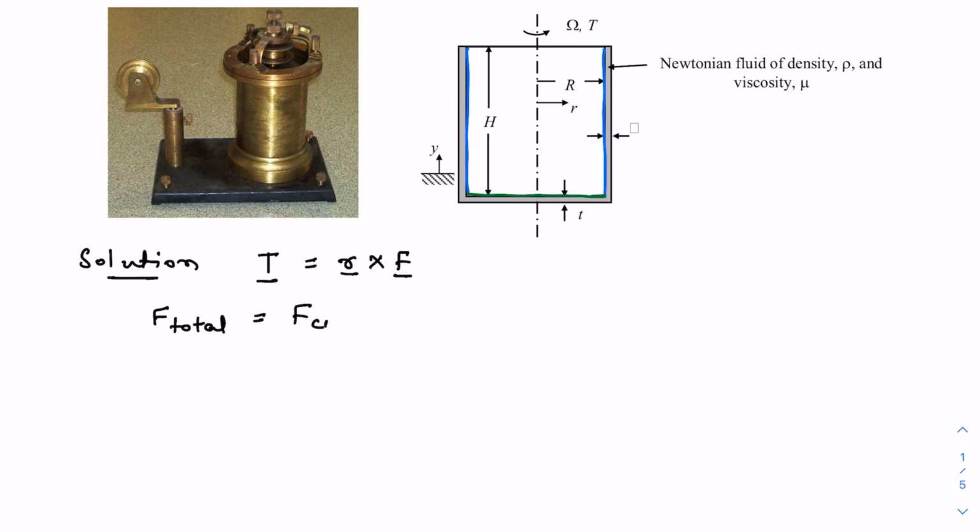One is the force which is acting on the circumference, which is given by blue. And the force that is acting on the bottom, which is shown in green color.